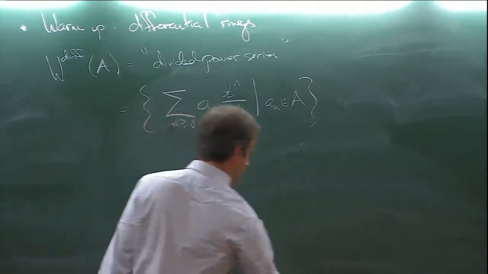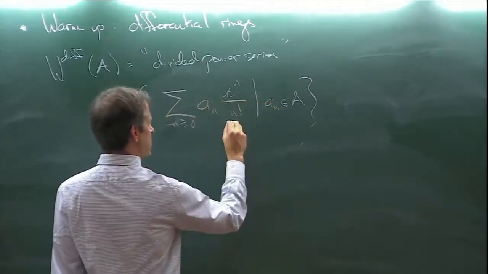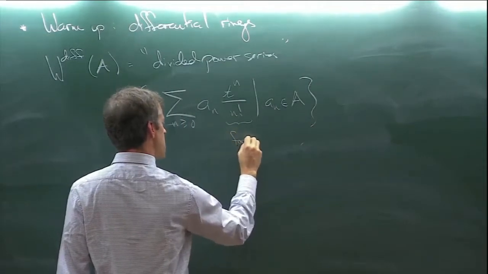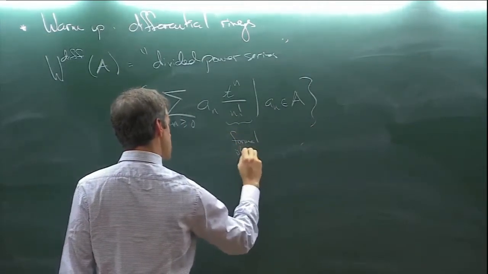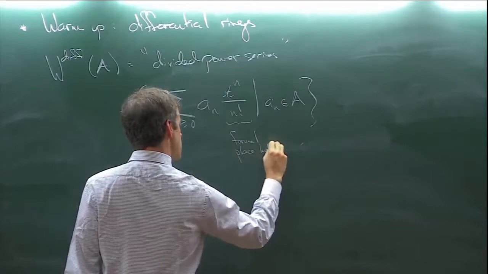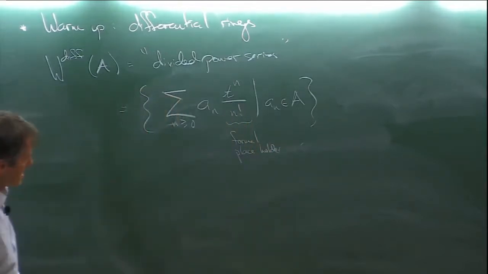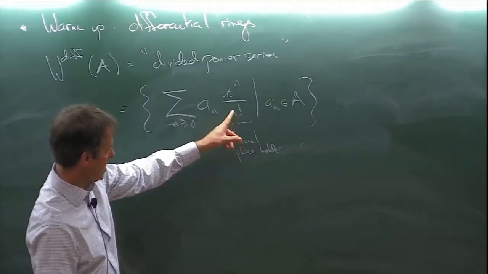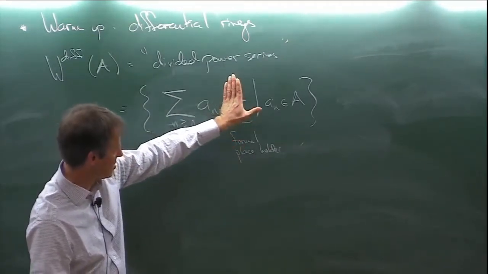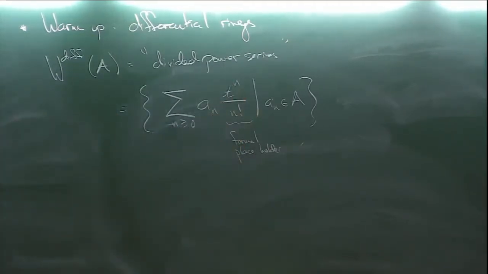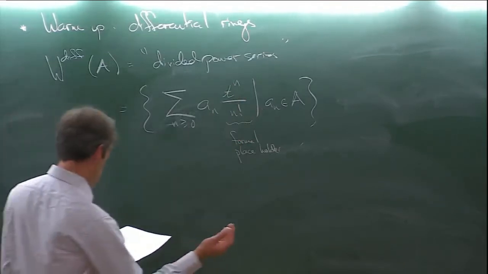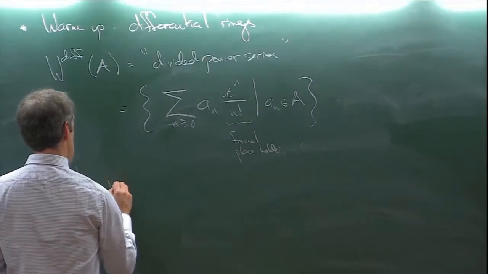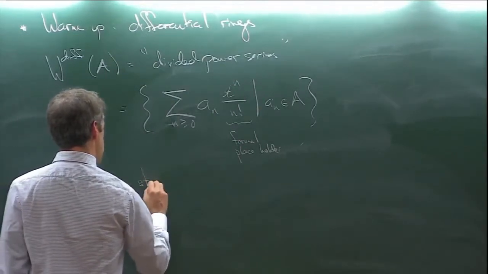And I want to think of this fraction here as a formal placeholder. So this even works if you're not over an algebra over the rational numbers, so it's actually not literally a division, it's just a formal symbol. But we put it there to remind us what the ring structure is, so it's the obvious ring structure.